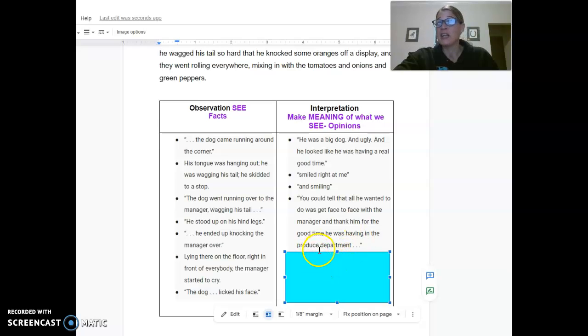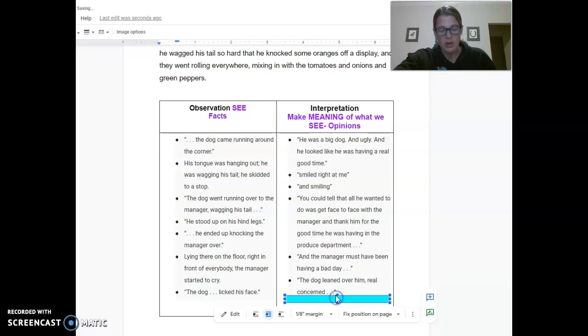He's laying on the floor and he actually starts crying, right? Which is the next observation. Lying there on the floor, right in front of everybody, the manager started to cry. Her interpretation was the manager must have been having a bad day if he's crying. And then last but not least, from paragraph 4, we have the dog licked his face.